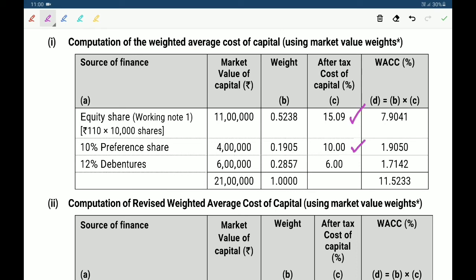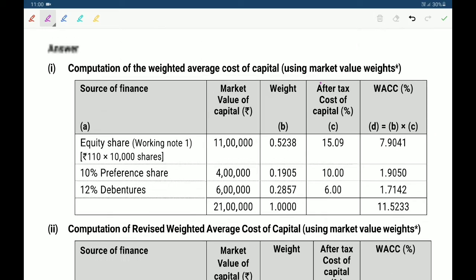Preference shares, debentures we find out 6%. Now multiplying these two, we get total 11.5233 as the weighted average cost of capital. So this is also a simple problem.